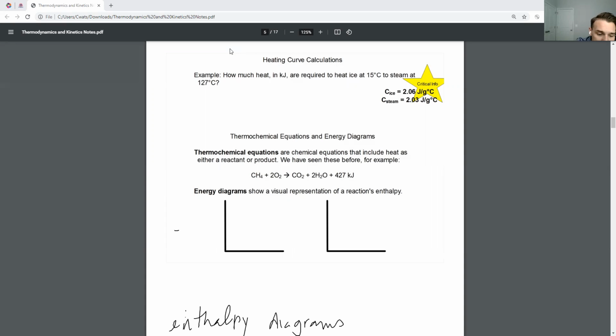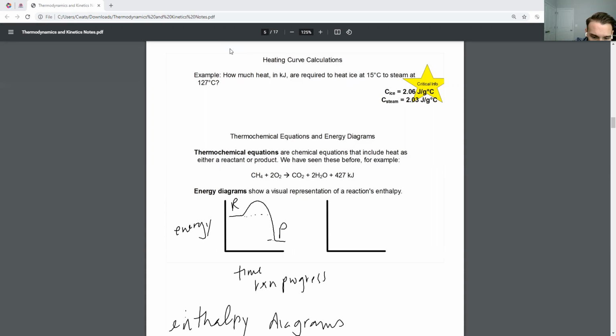So on the y-axis, it's energy. On the bottom, it's time, or you can see it as reaction progress. So I'm going to show you one for an exothermic reaction and an endothermic reaction. So my reactants are up here, my products are down here.